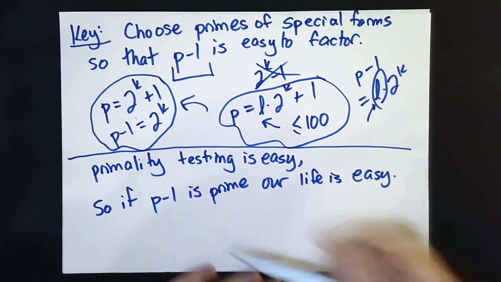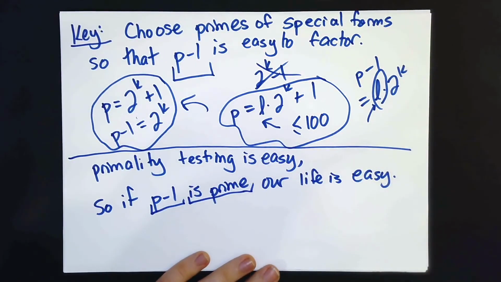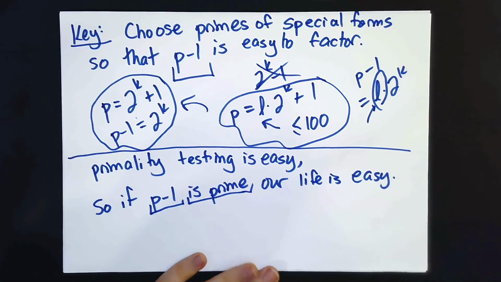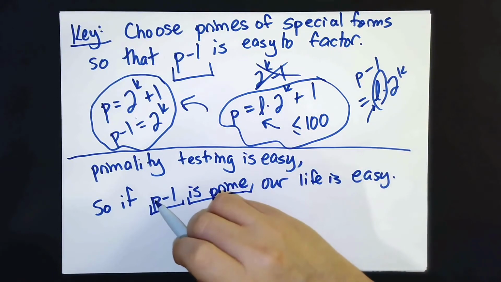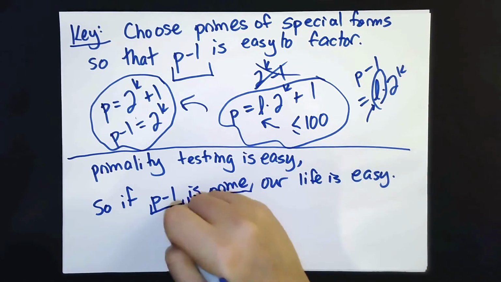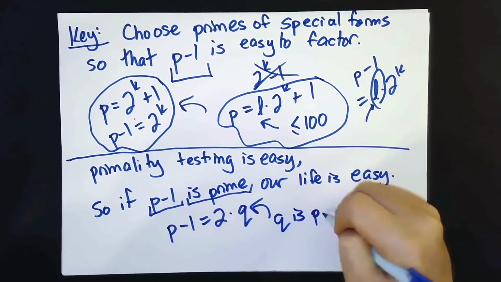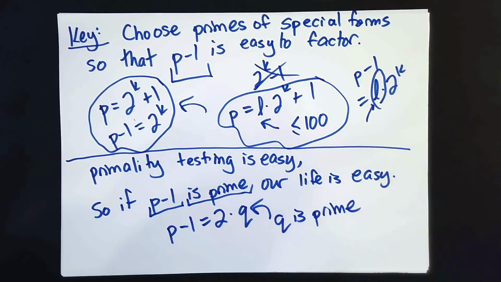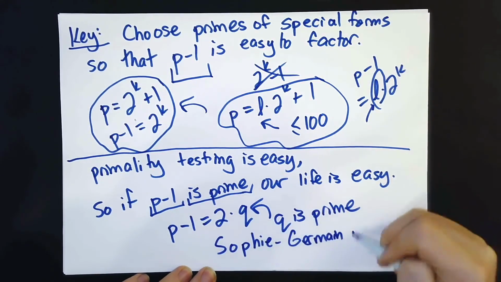Now, unfortunately, there's only one prime where p minus 1 is prime. And that's because, of course, most primes are odd, so p minus 1 is usually even. And so that doesn't work out so well. But if instead we look for p minus 1 is twice a prime, we can find lots of these, and these in fact go by the name Sophie-Germain primes.